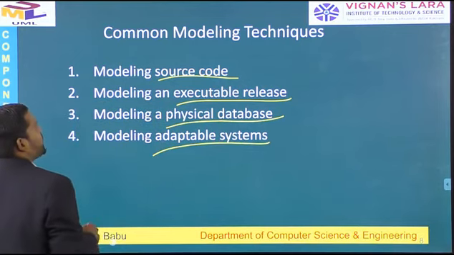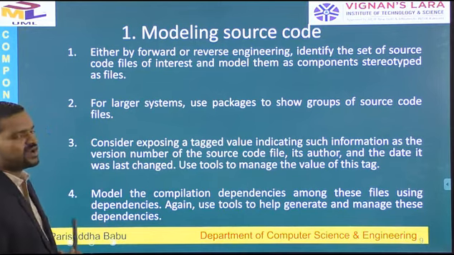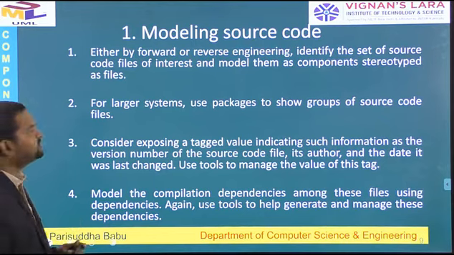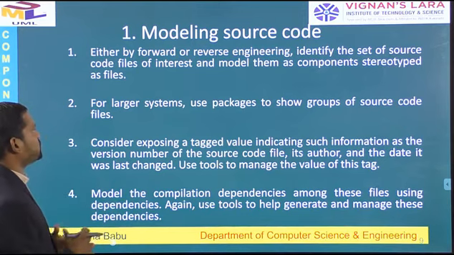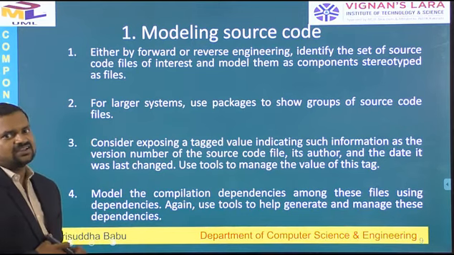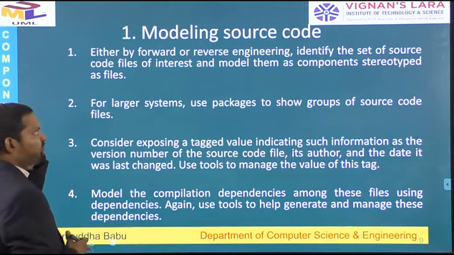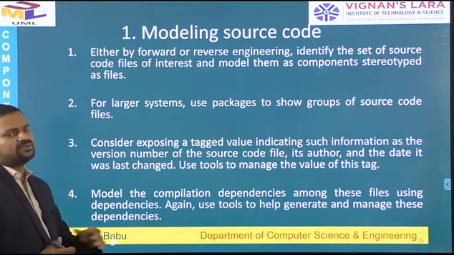So first of all, we have to see the source code. What is the source code? Modeling source code: how do we model the source code of a particular component diagram? Either by forward or reverse engineering, identify the set of source code files of interest and model them as components stereotyped as a file.